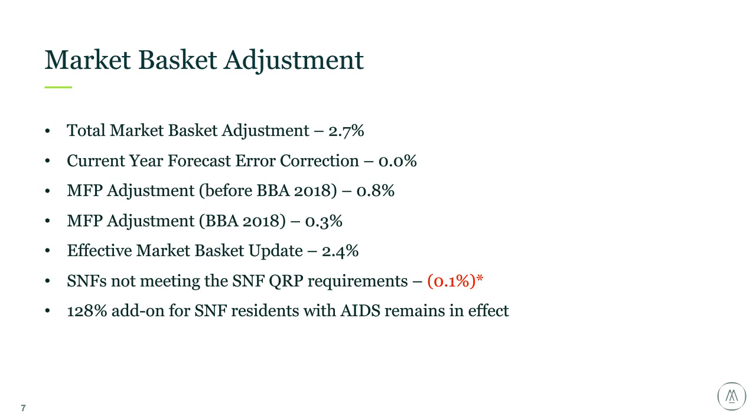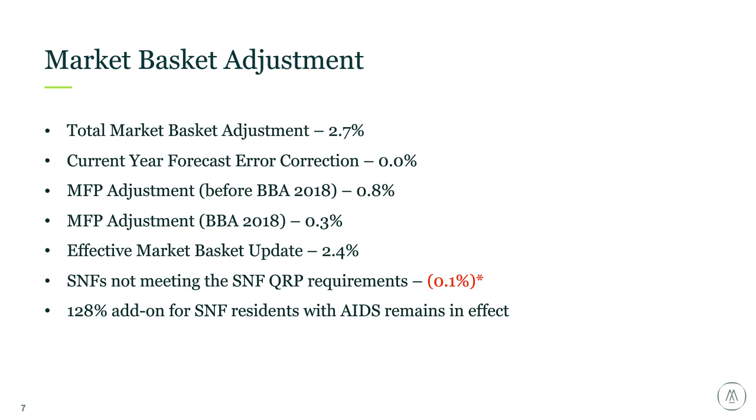So as I mentioned, for the market basket adjustment, we're looking at a 2.4% net market basket update. The market basket updates are always on a gross basis and then are netted down for certain items. This year, the multifactor productivity adjustment was still in play.